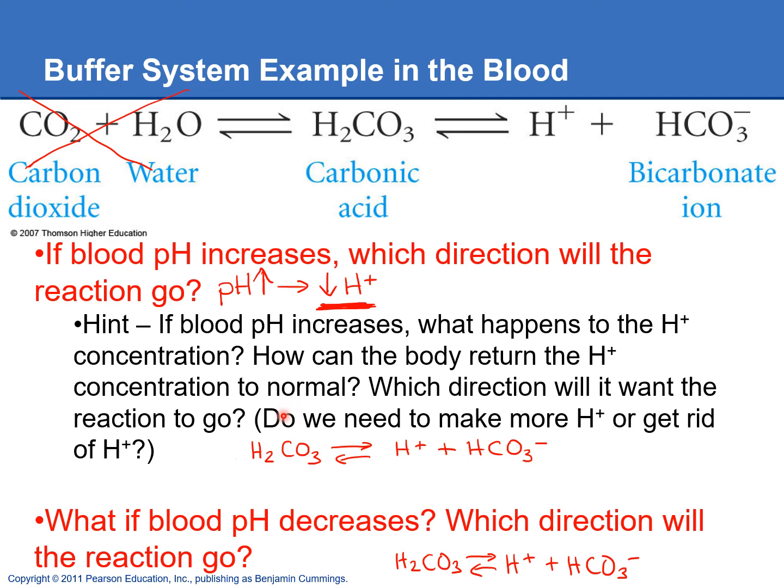So which way would you want to go? Our problem is we don't have enough hydrogen ions and we need to make some more. So we want to go to the right because we want to make more hydrogen ions.